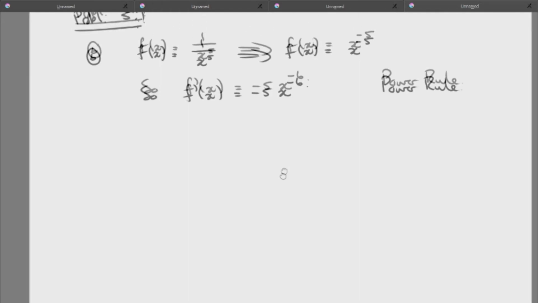So, moving on to the next one, there's just a little bit of notation adjustment to make the detailed use of the properties more obvious. So, we have our function.